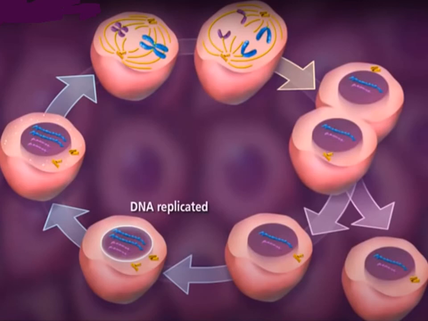From interphase to cytokinesis, the entire process of cell division can take on average 10 to 20 hours in a typical plant or animal cell. Depending on the nature and use of the cell, the process can happen at different frequencies as well.